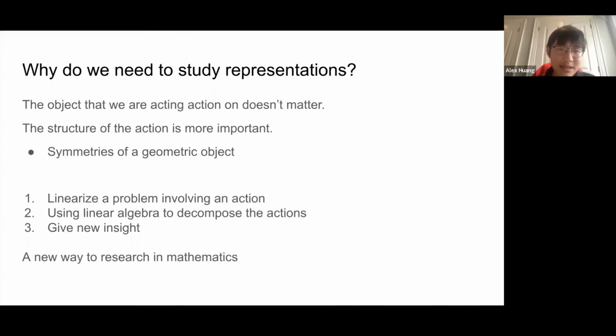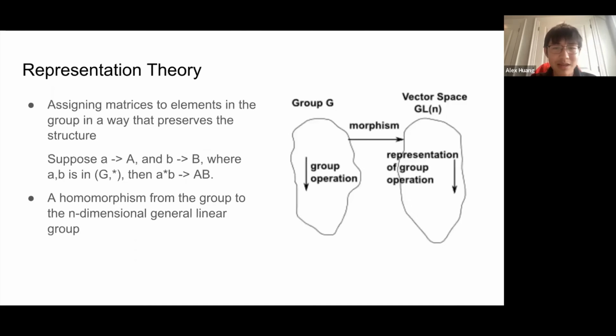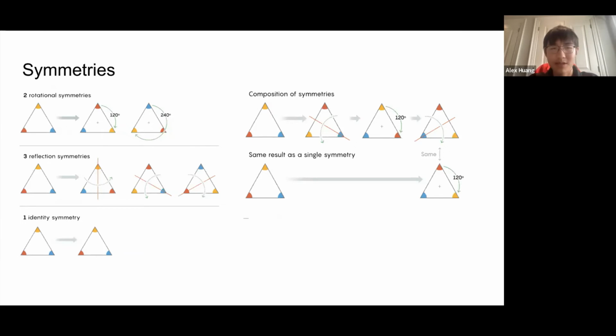And the second thing is, in representation theory, the geometric object that we are acting on doesn't really matter. What matters is how the actions are structured. Let's get back to the symmetries of an equilateral triangle.